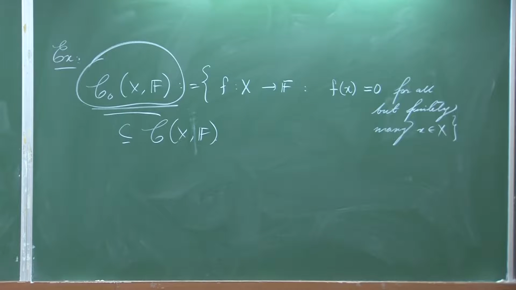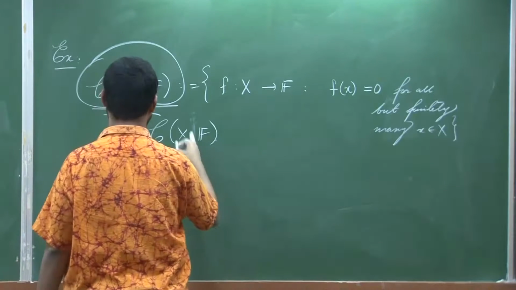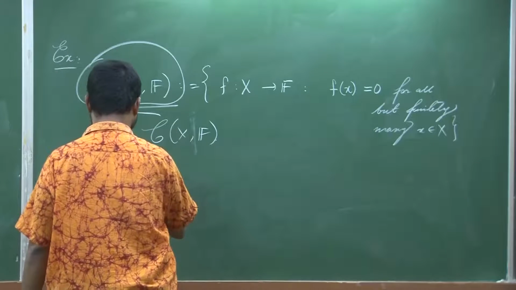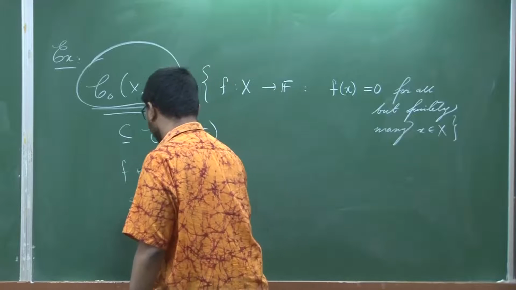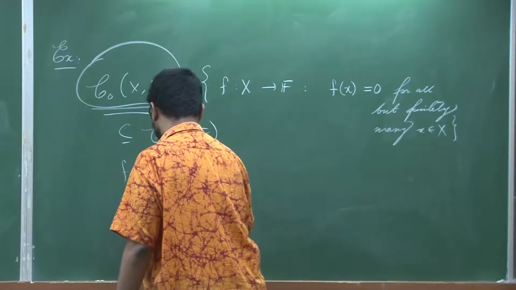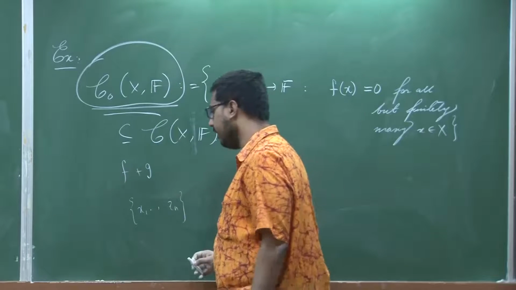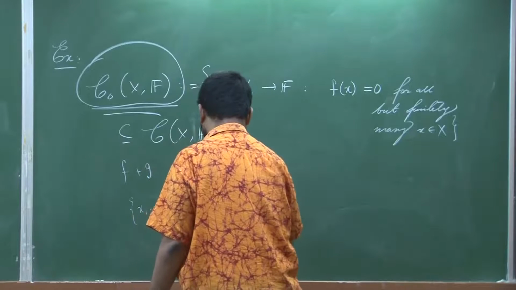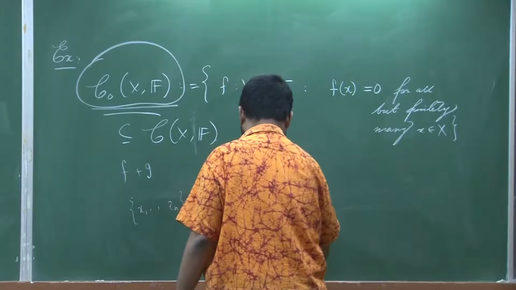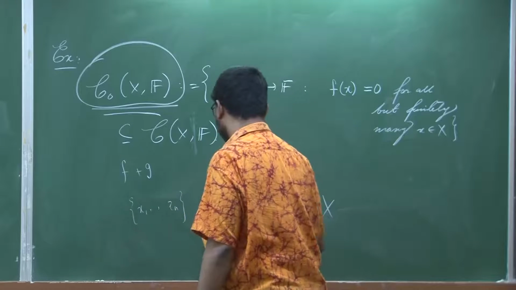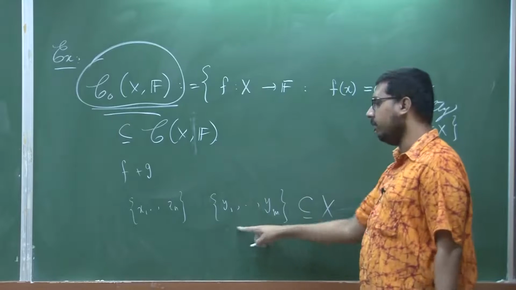How to do that here? Suppose two functions f and g. For f you have a set x1 up to xn in whose complement f vanishes identically. For g we have another set, let us say y1 up to ym. These are all subsets of X such that g vanishes identically in the complement of that.